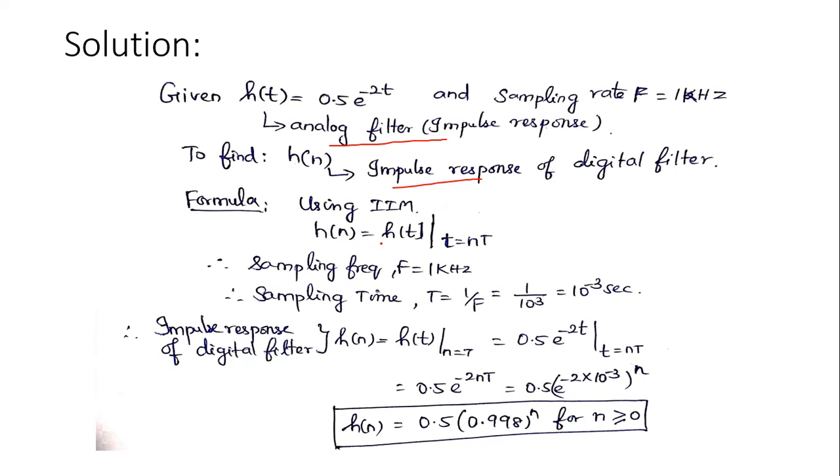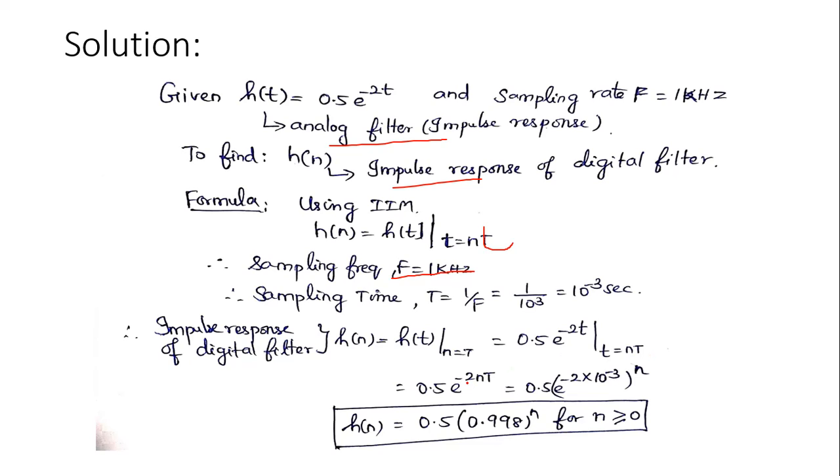If we are using IIM, we are sampling at n into T time, the sampling time. The frequency is given, so from that we can find the time interval T equal to 1 by f. So 1 divided by 10 power 3 is 10 power minus 3 second. Instead of small t, we should substitute this value. So t equal to n into capital T, where capital T is 10 power minus 3.